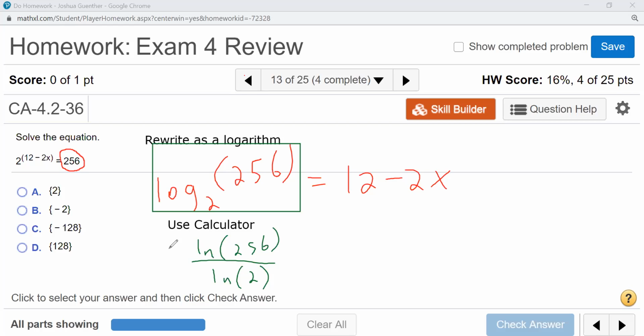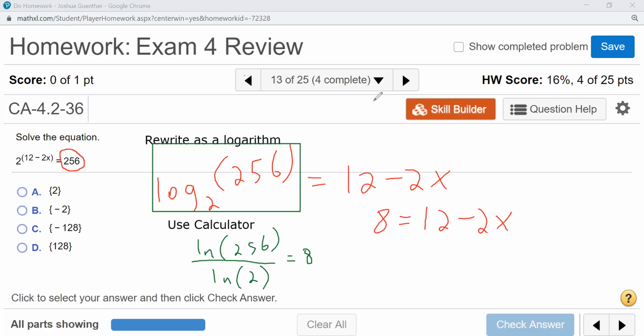Let me figure that one out real quick. You're going to get 8. So now this equation just becomes 8 equals 12 minus 2x.